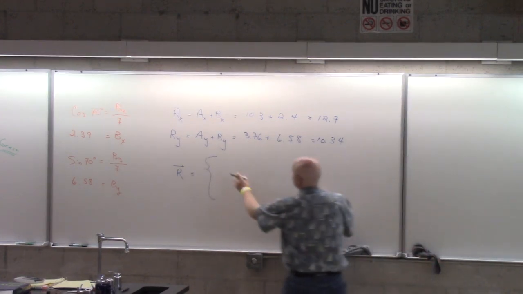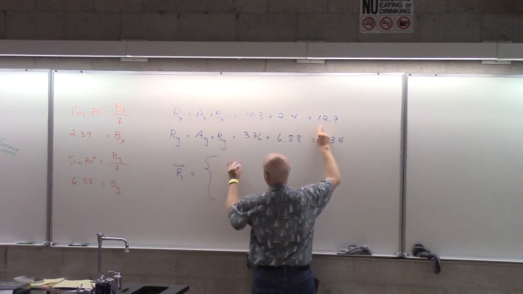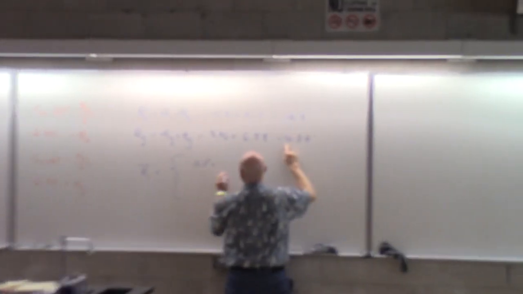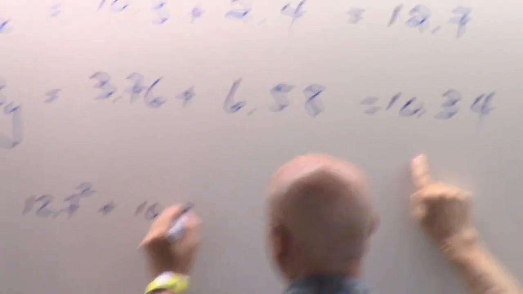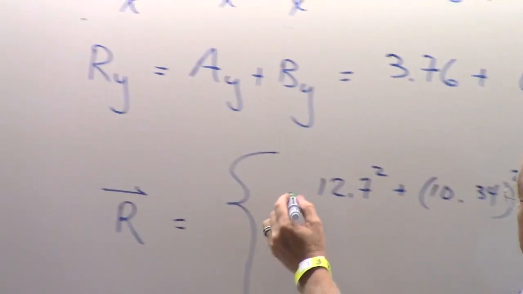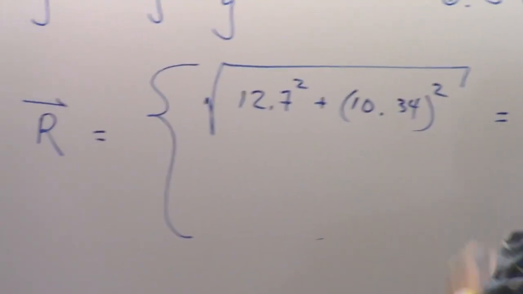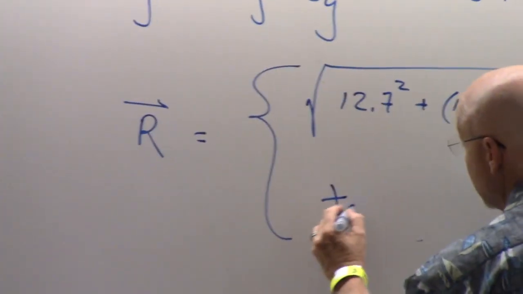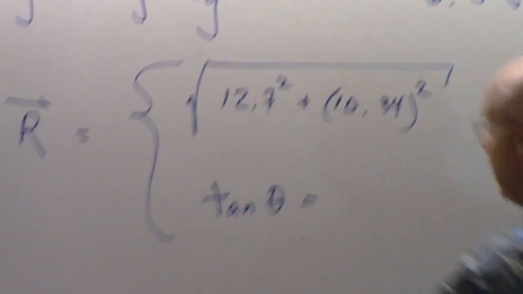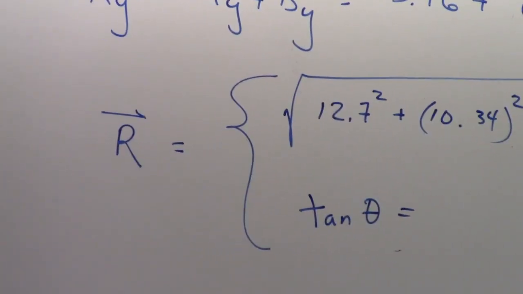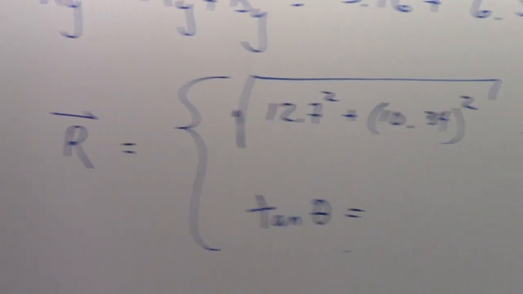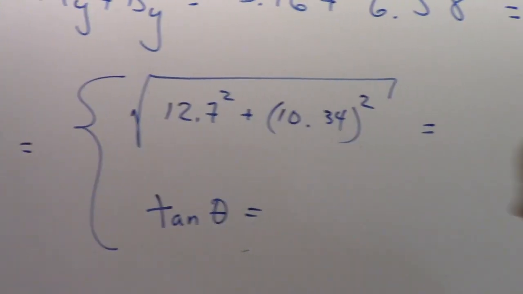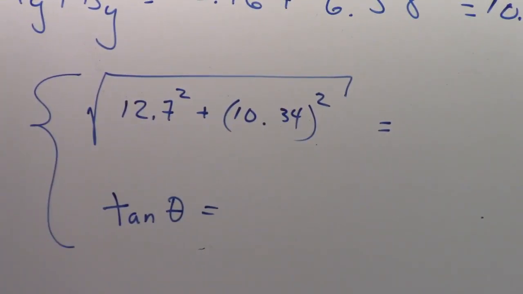So I'm going to put the x, 12.7, and square it, and the y, 10.34, and square it, and then take its square root. And then to get its direction, like you saw me do a while ago, how would I get the direction of the resultant? Maybe I'll put an angle right there.